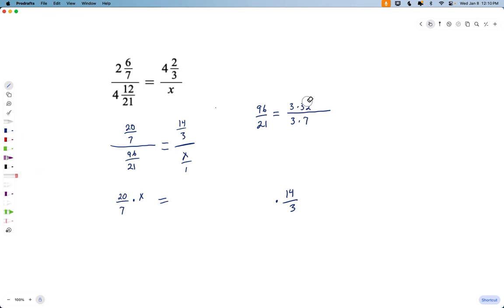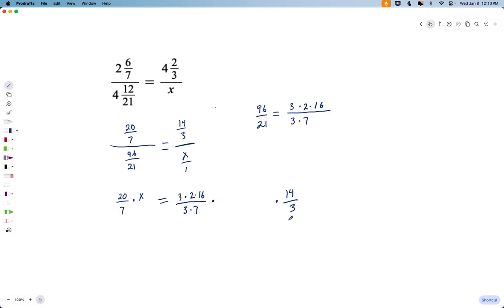So let's do that. Okay, so instead of writing 96 over 21, we're going to write its factors. 3 times 2 times 16, and that's as far as I'm willing to go right now. And then 3 times 7.